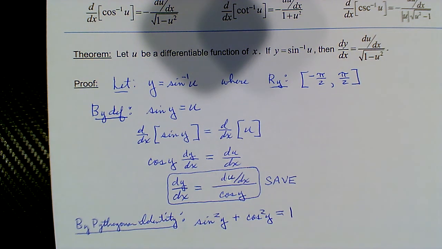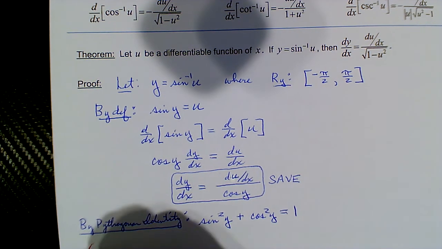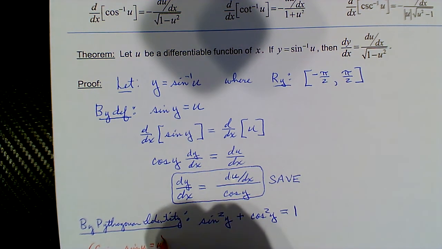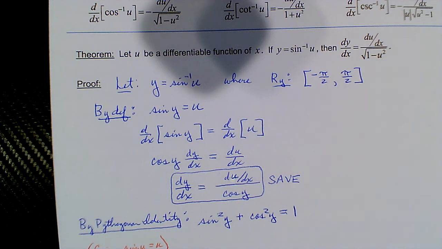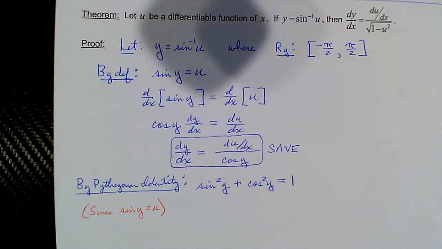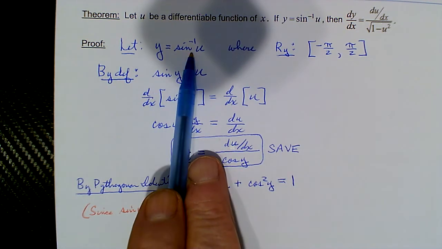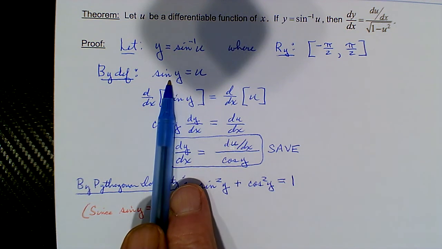Now, we know, and you don't have to write this, what I'm going to put in red, but since the sine of y equals u, and this is from the definition, right? Given y is inverse sine of x, we wrote sine of y as u.